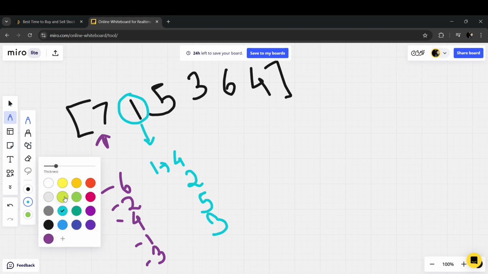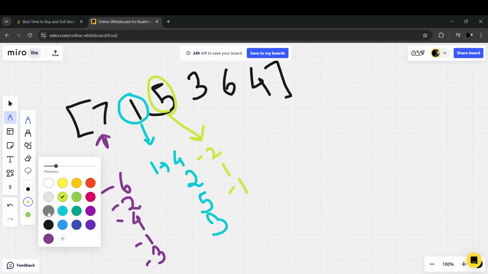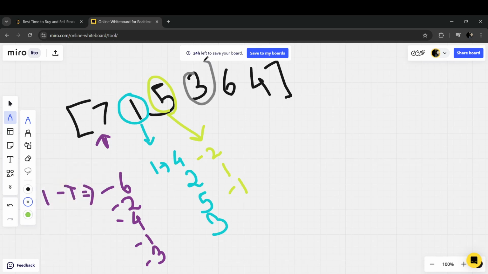Now see, for 5: at 5, I sold it for 3, minus 2 profit. At 5, I sold it for 6, 1. At 5, I sold it for 4, again it's minus 1. Similarly, for 3, I sold it at 6, so it will be plus 3.